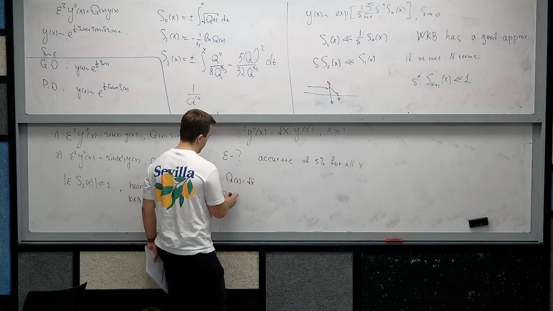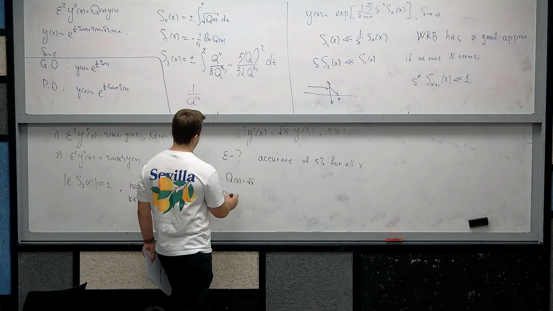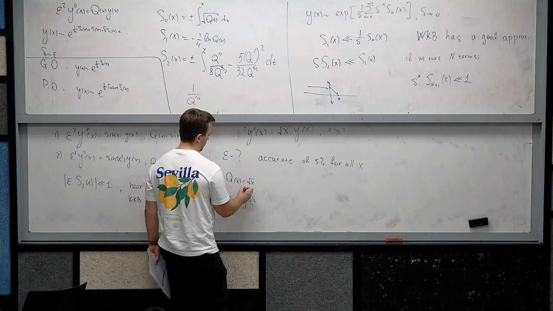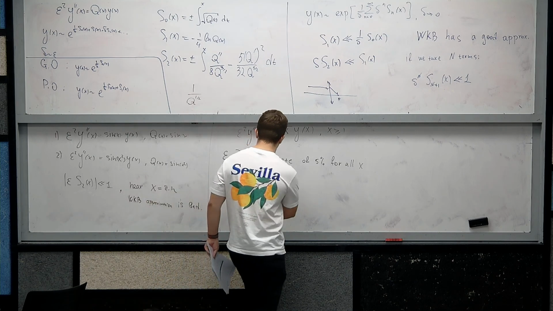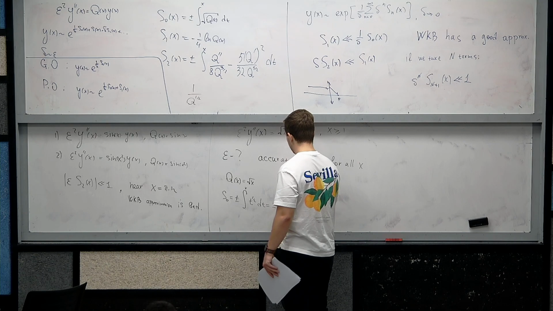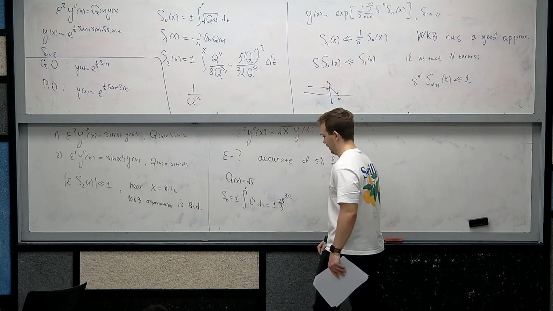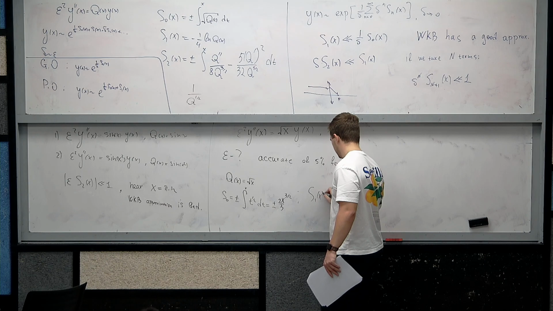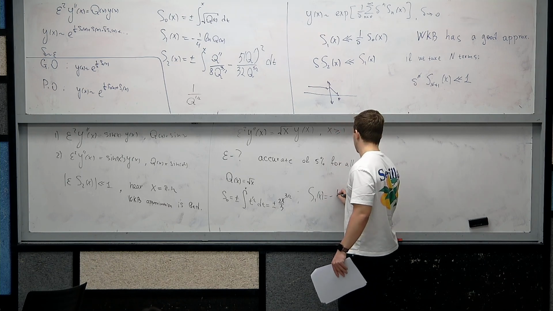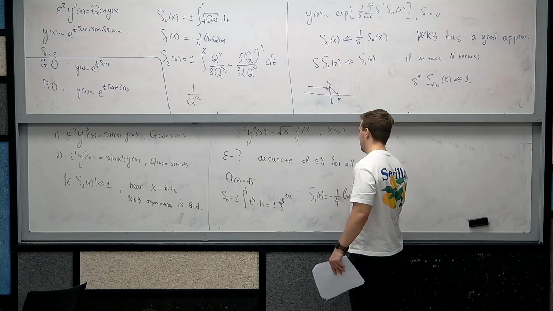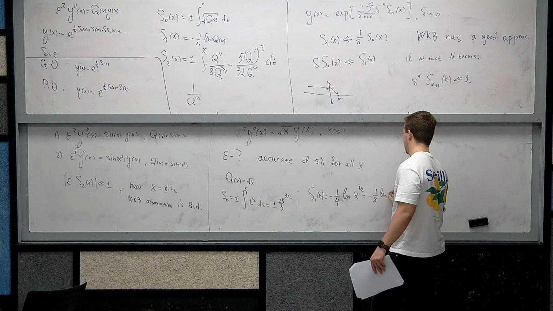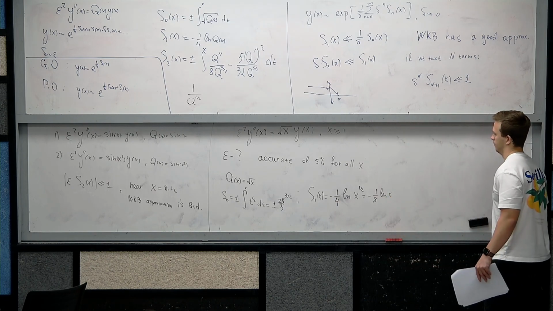Then S0 is plus minus the integral of t^(1/2) dt, so it'll be plus minus 2/3 x^(3/2). That's S0. Then S1 is minus 1/4 ln x^(1/2), or minus 1/8 ln x.